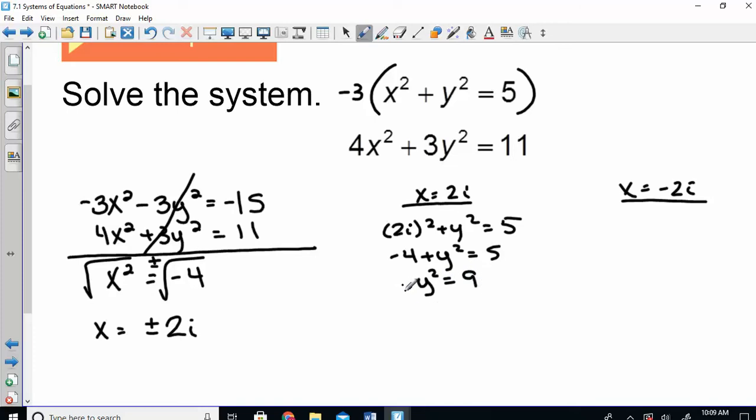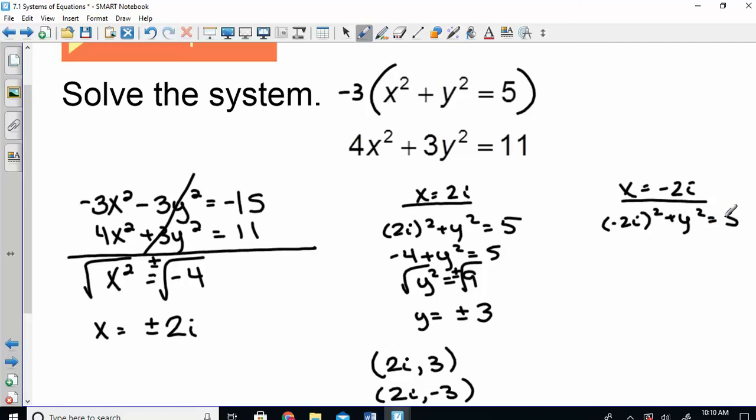Add over your 4. So we get y to be positive and negative 3. So we have 2 points here. When x is 2i, y could be positive 3. Or when x is 2i, y could be negative 3.